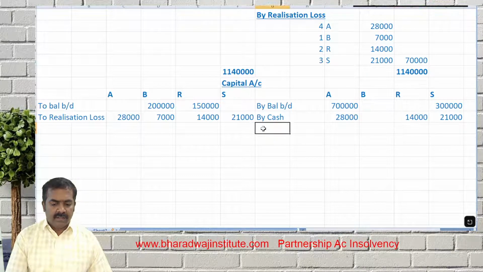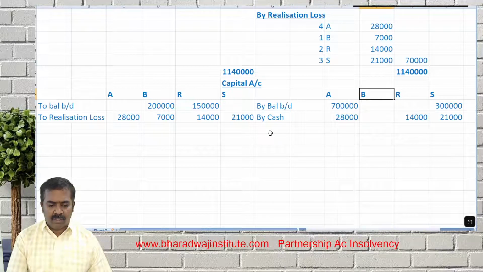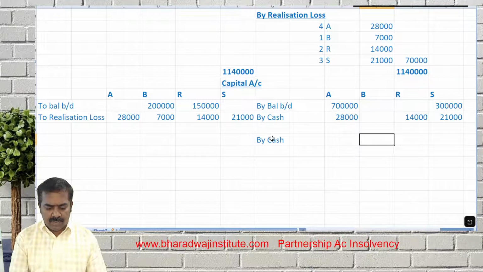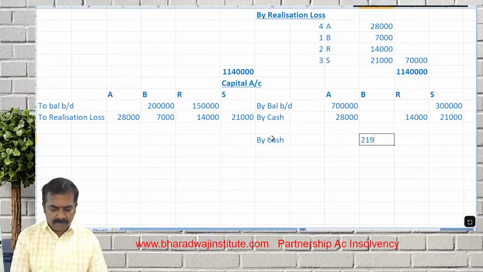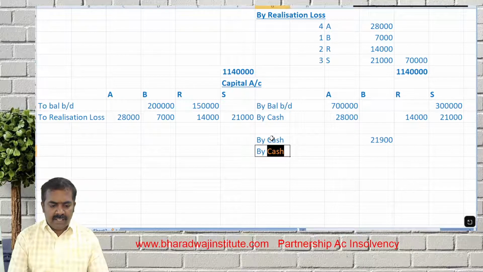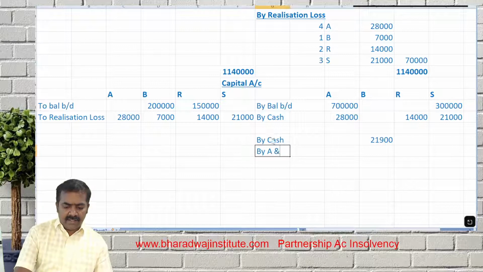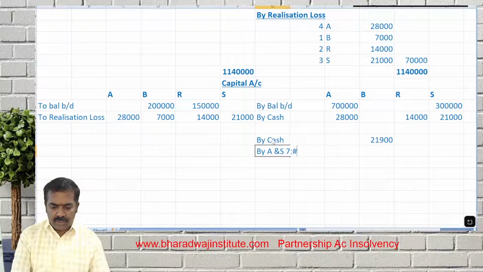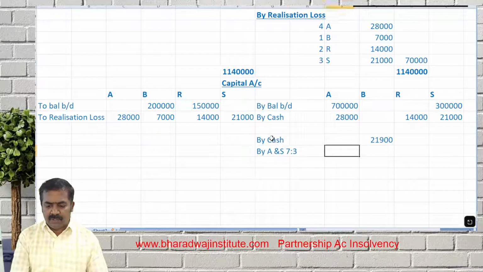Then who became insolvent? B became insolvent. Hello, we are recording. 21,900. By cash we recover only 21,900. By deficit to be borne by A and S in the ratio 7:3. What is the balancing figure you get?